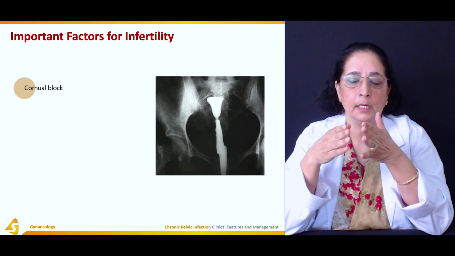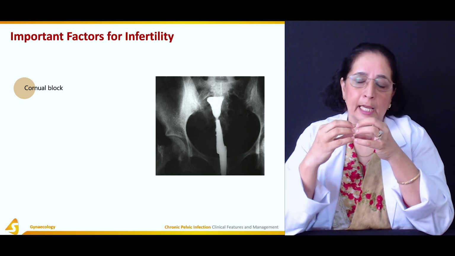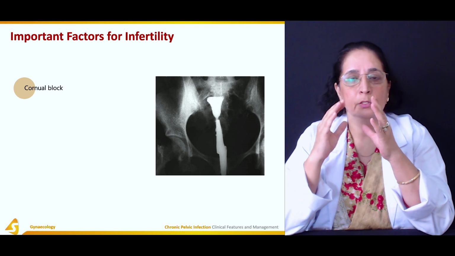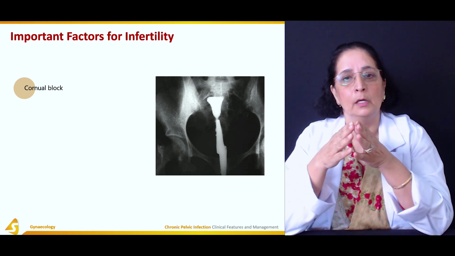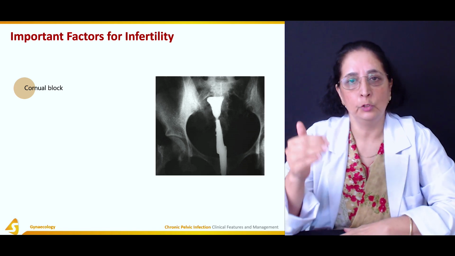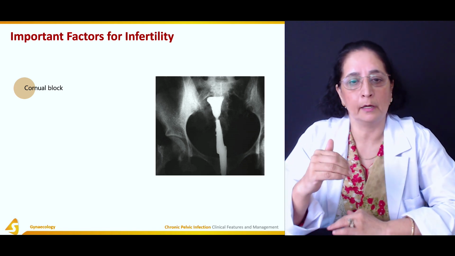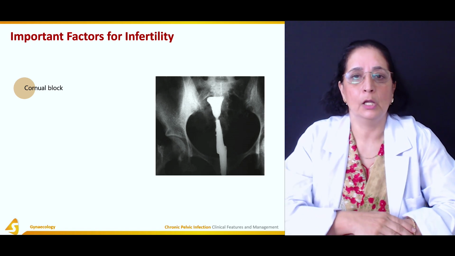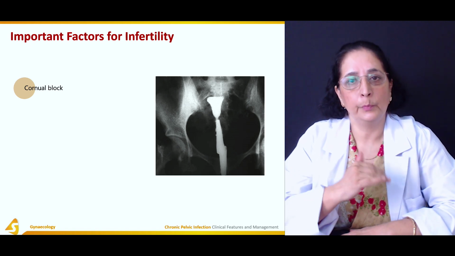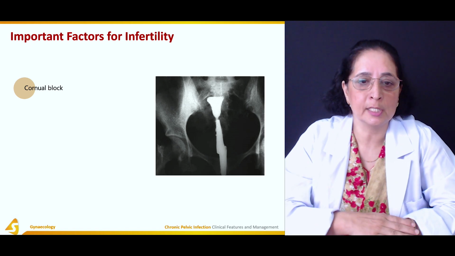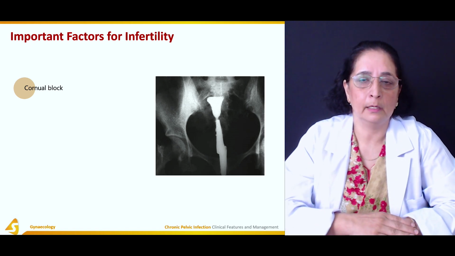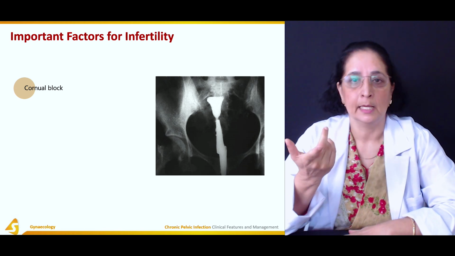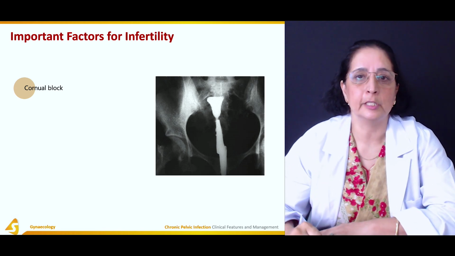When that is blocked due to adhesion and scarring, it's called cornual block. The ova cannot enter from the fallopian tube into the uterus, and embedding of the fertilized ovum cannot take place, and this can lead to infertility.